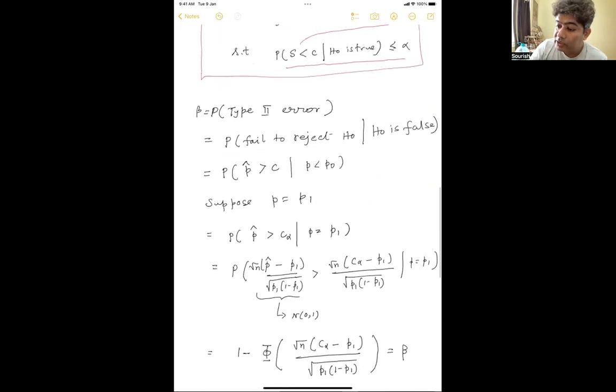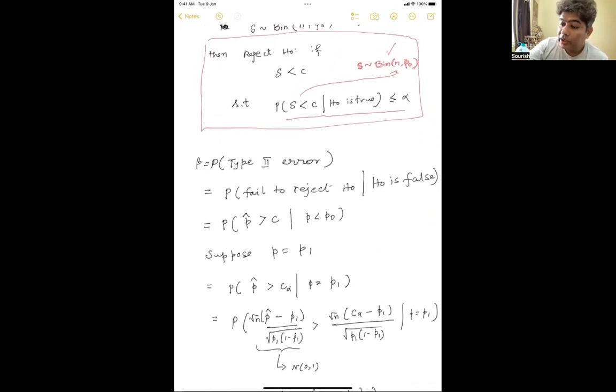So remember that this is my reject H naught. So from here, I have to figure out what is the C alpha. First, that is what we have to figure out.